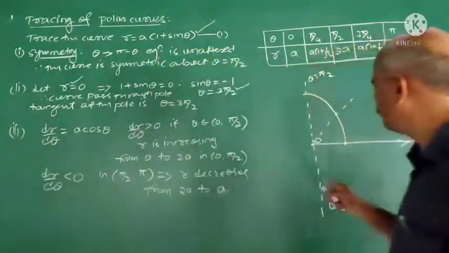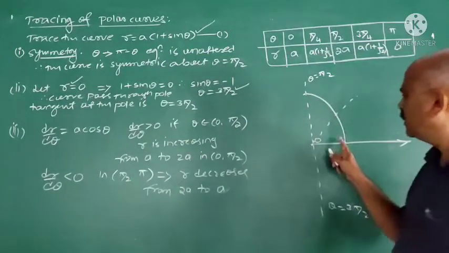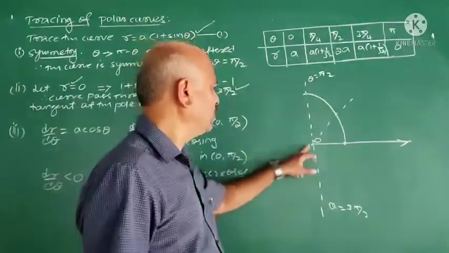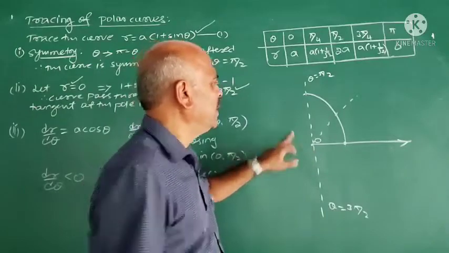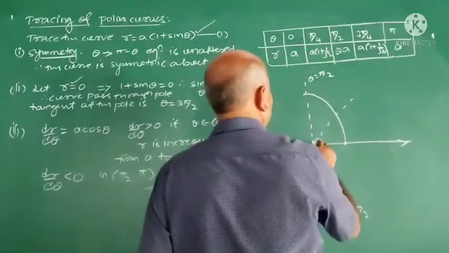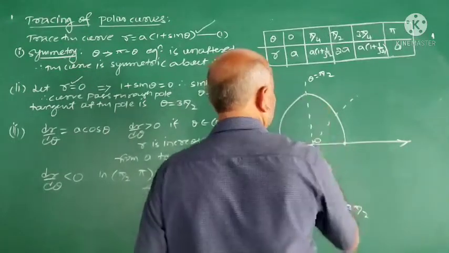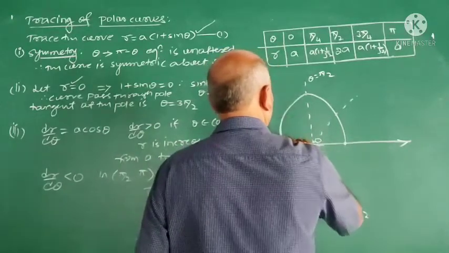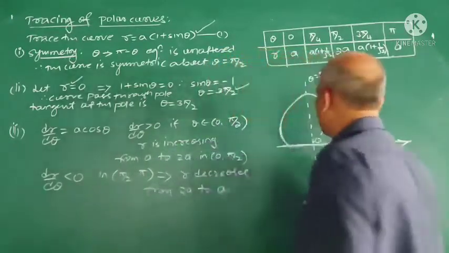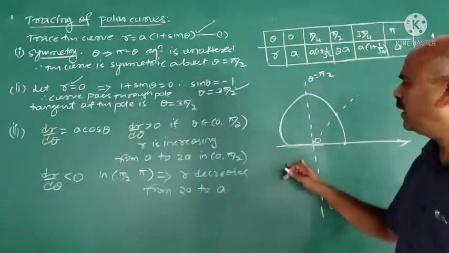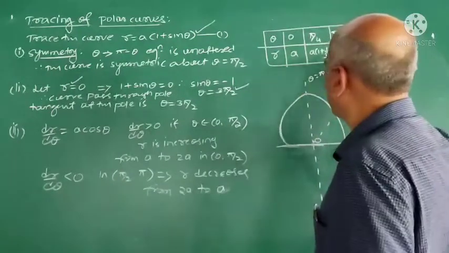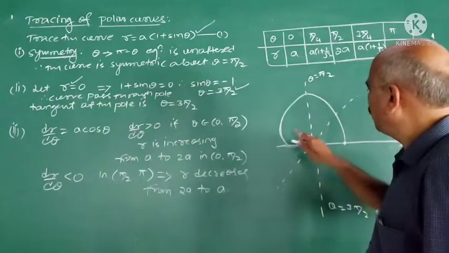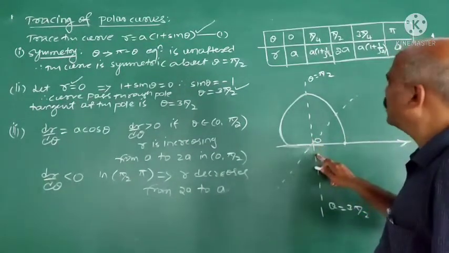Now theta is 3 pi by 4, it comes here. At pi, it is a. Because of symmetry, we get this. But in the third quadrant, I take theta greater than pi. This is pi. At 3 pi by 2, it is 0.